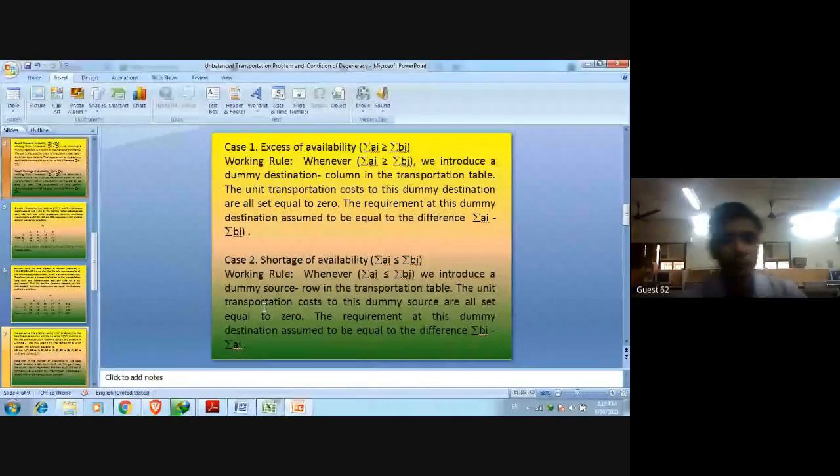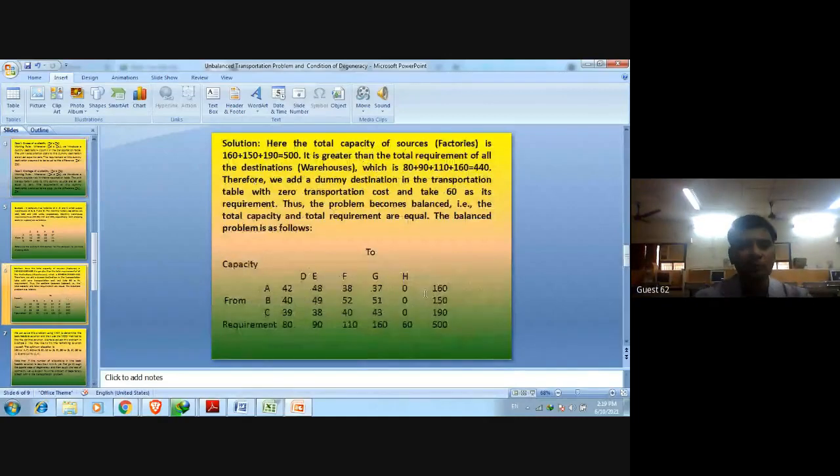So let us take an example and apply one of these conditions to the given problem.